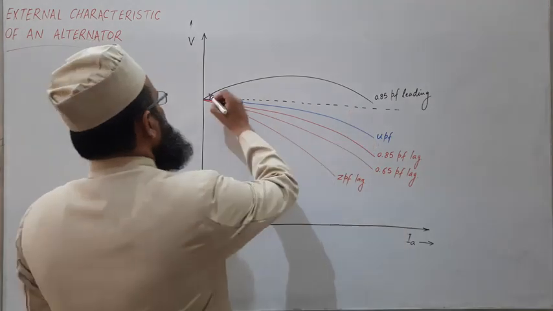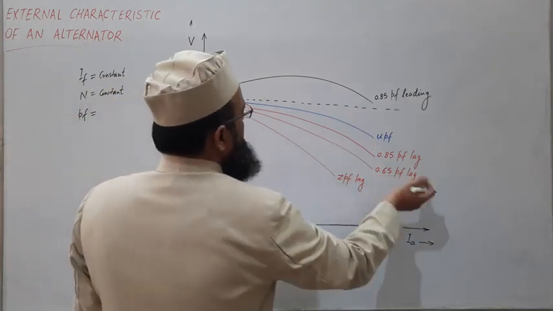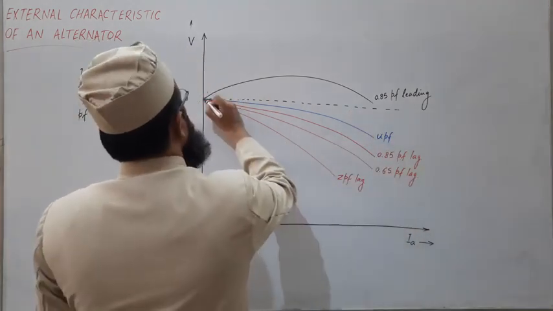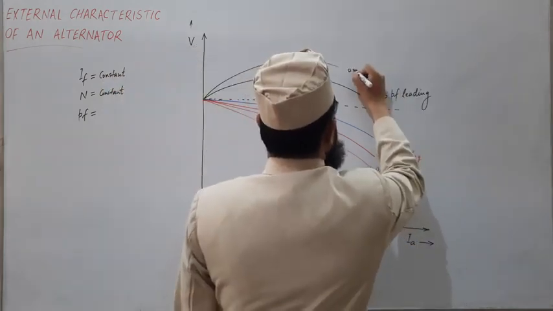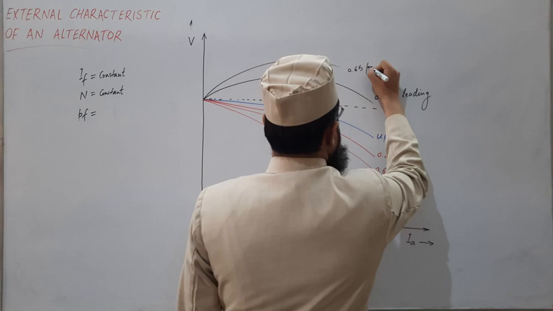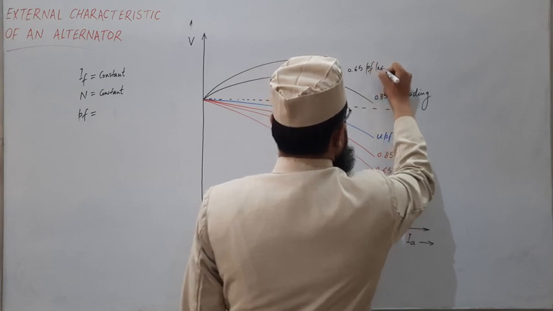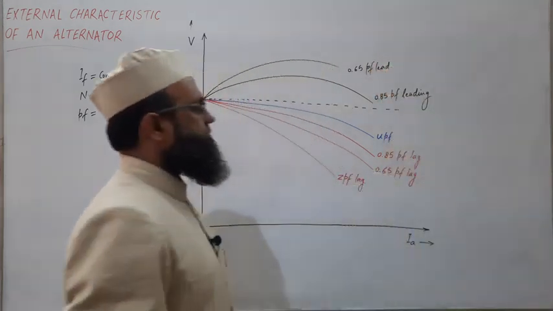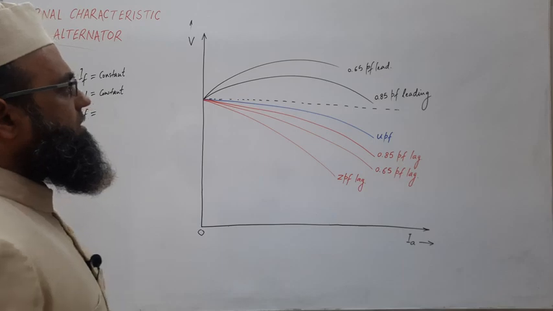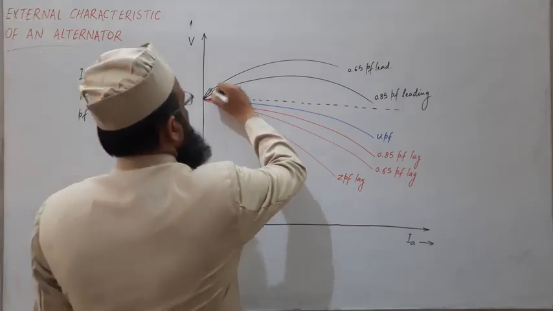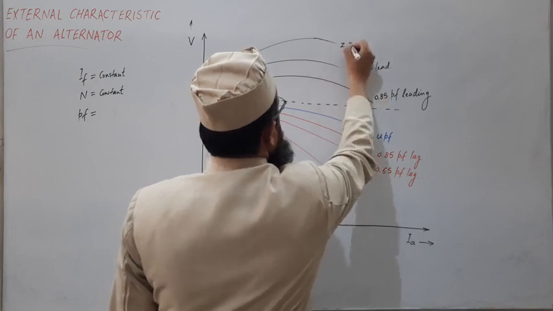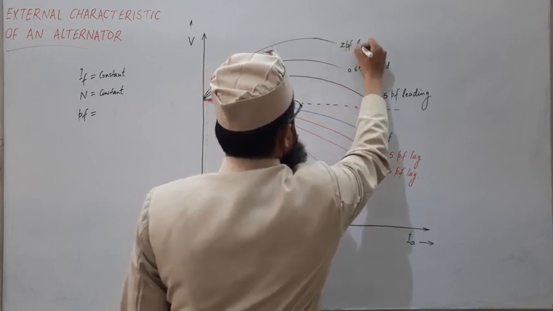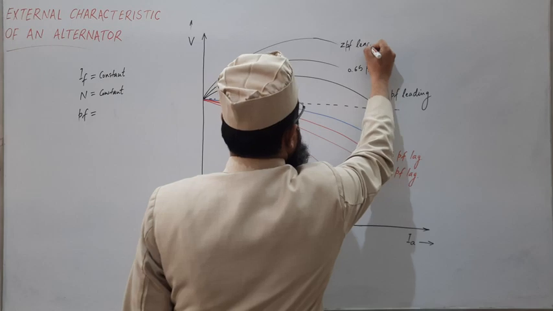If we have something like 0.65 power factor leading, it will be something higher than this, 0.65 power factor leading. For zero power factor leading, it will be still higher, zero power factor leading.